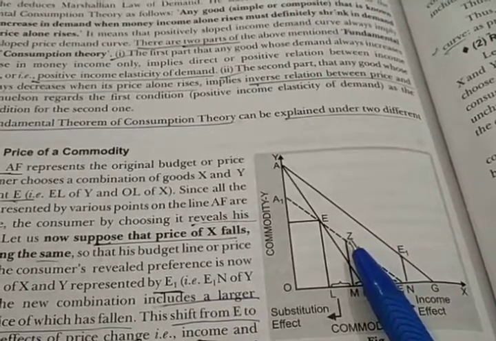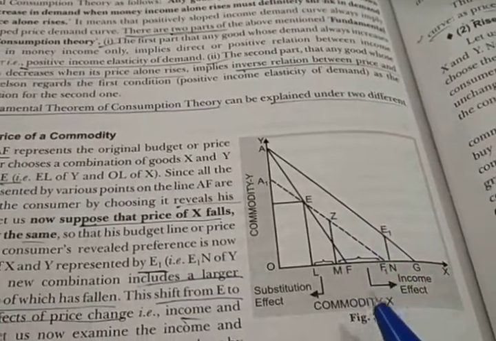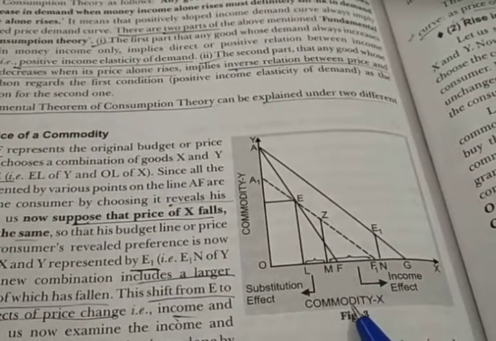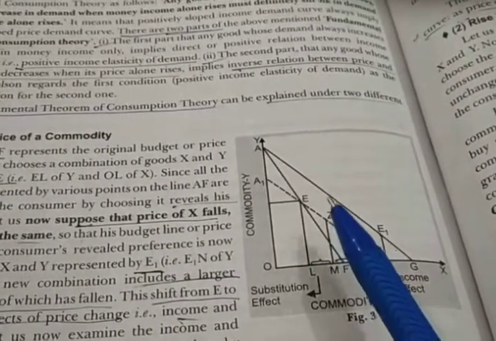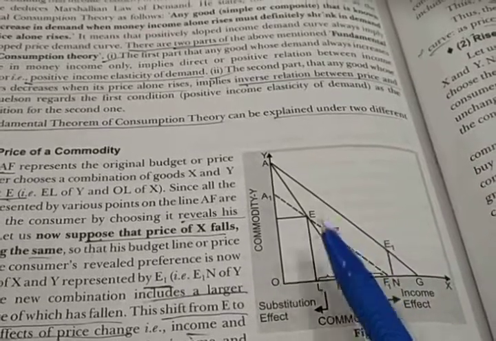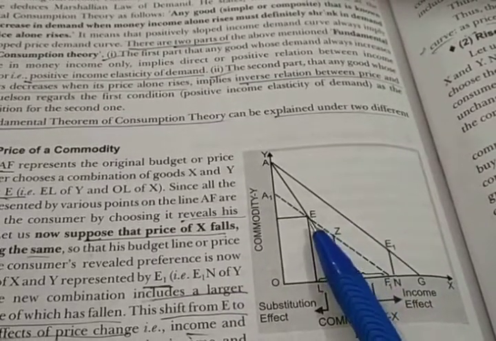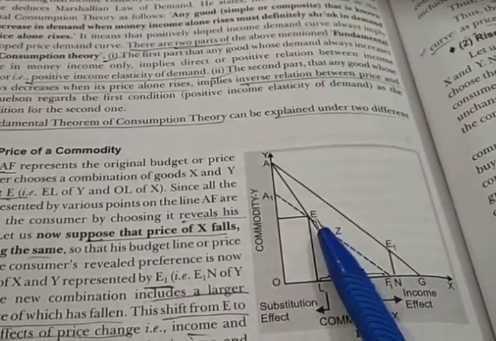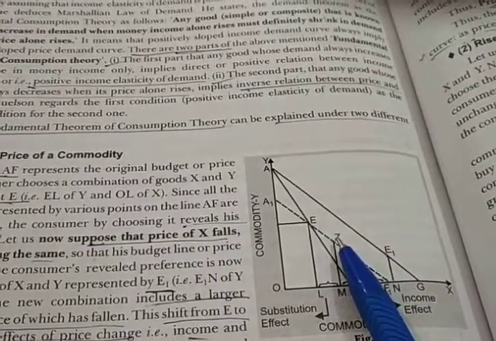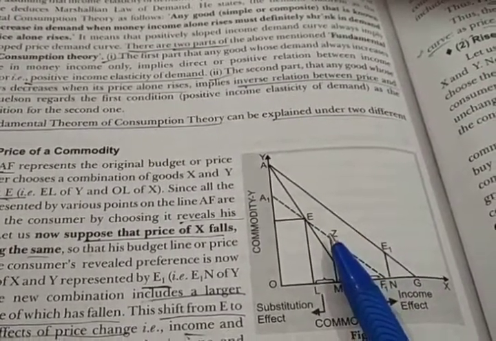It has taken place. Why? Because the price of one good had changed and real income of the consumer had been made constant. So this is the definition of substitution effect. So movement from E to Z will be called the substitution effect.